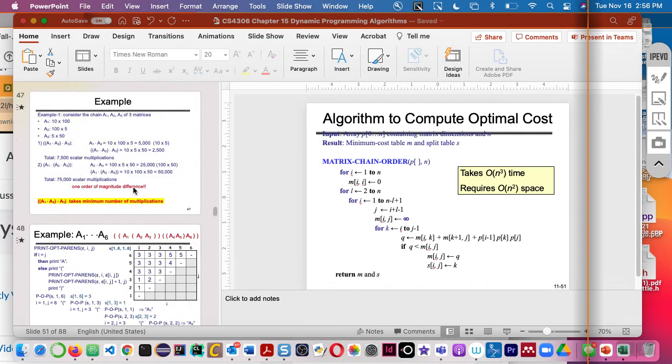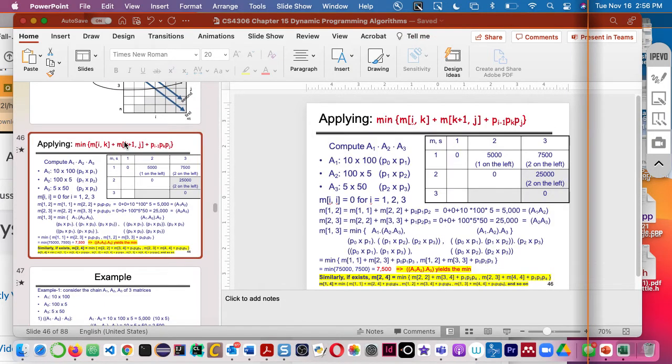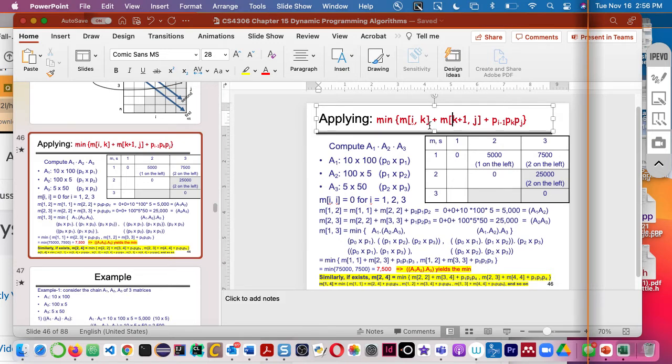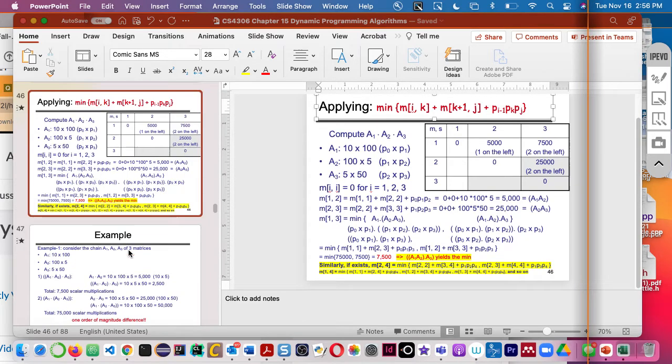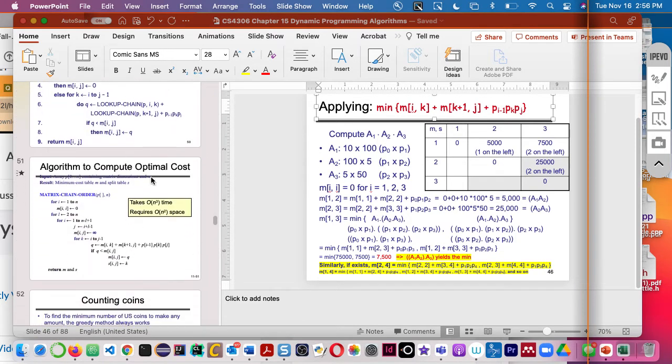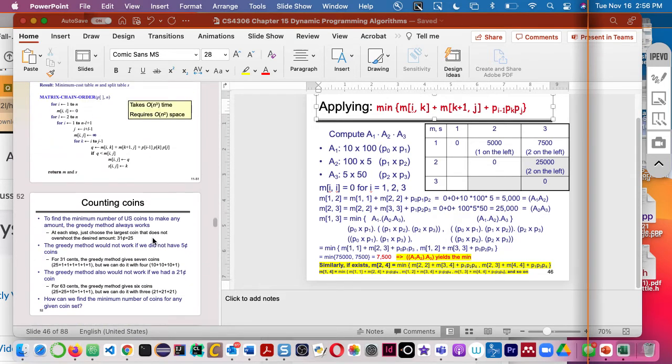You see that the formula has i, j and k, 3 indices. So that means it will be running 3 loops, and the time complexity will be theta of n cubed.